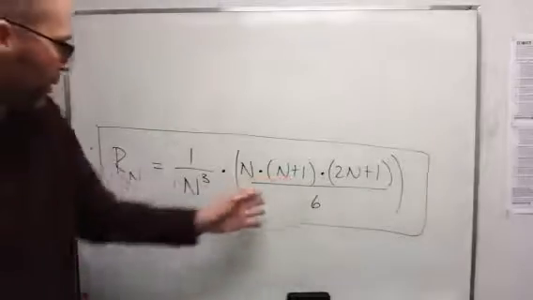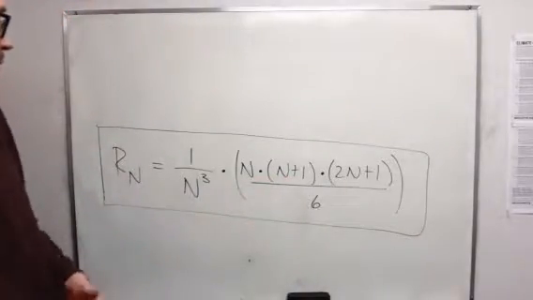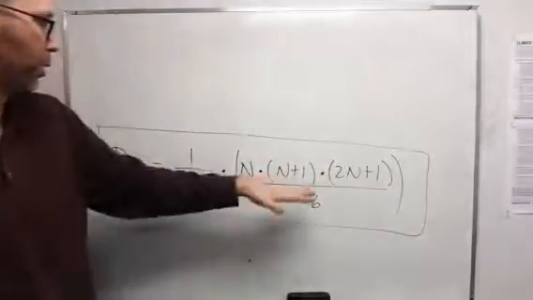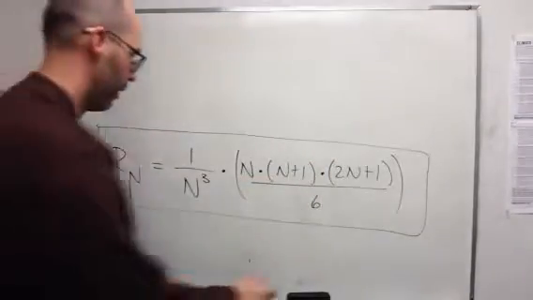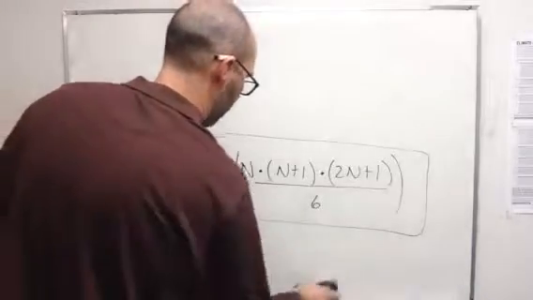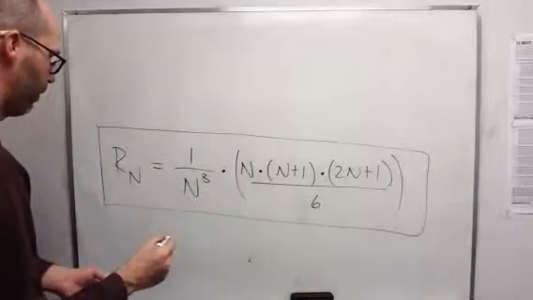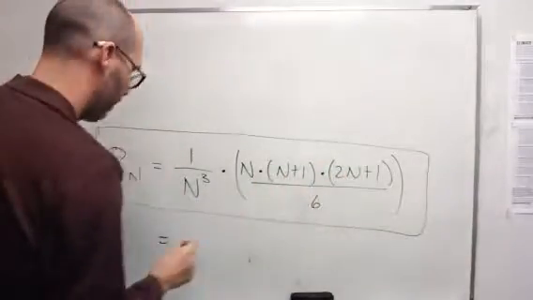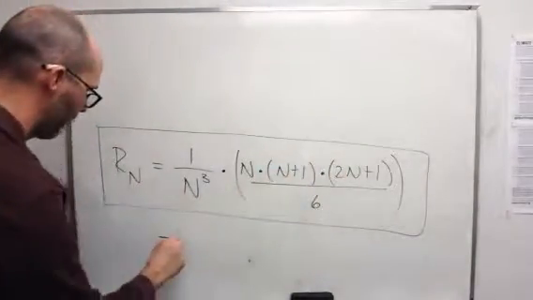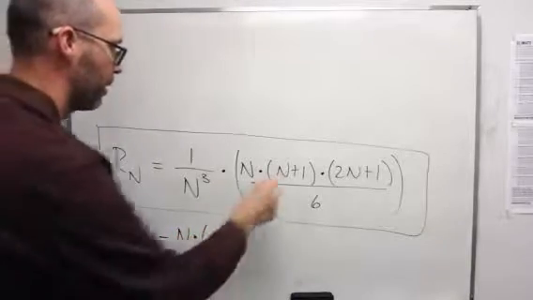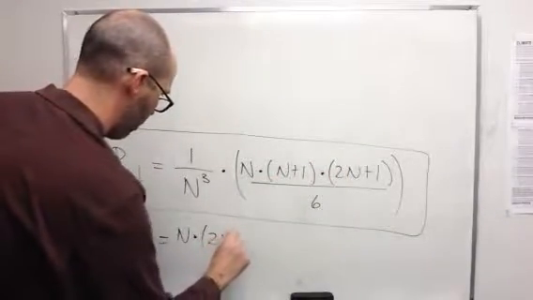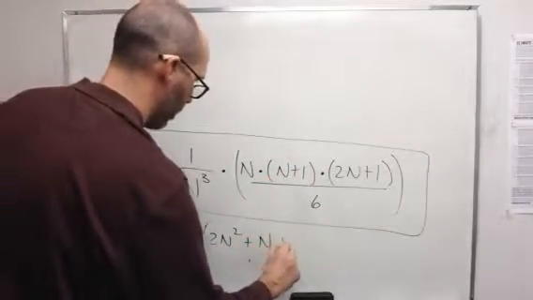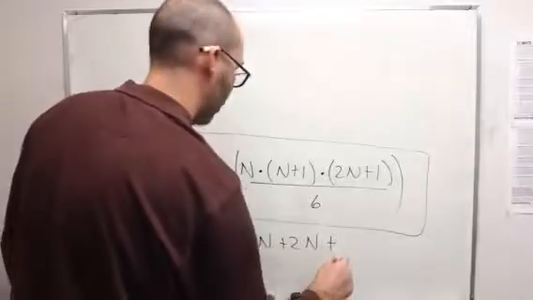Now you might say, okay, this looks really difficult to take the limit of. Now you might want to do some algebra to get this into a polynomial over a polynomial. Okay, so let's do that. Let's multiply these things through. Taking care of the top, we got n times 2n squared, plus n plus 2n plus 1.